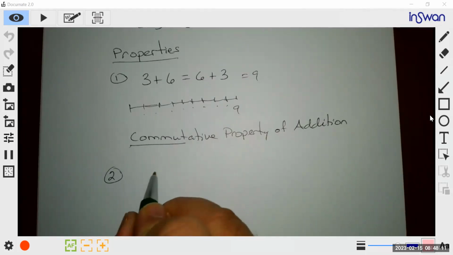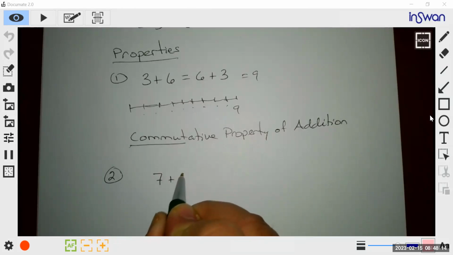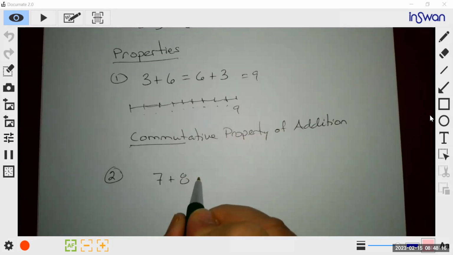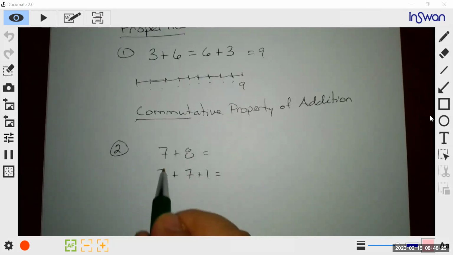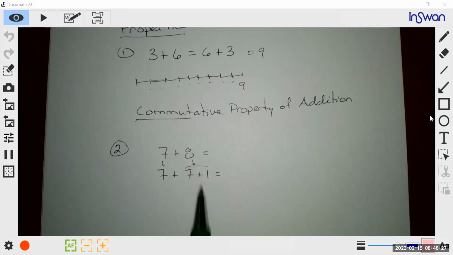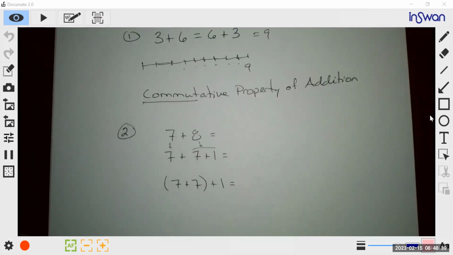We've also seen examples like this. Here's 7. There's 8. Whenever you have 3 or more numbers, you have to tell me which ones I'm going to add together first.